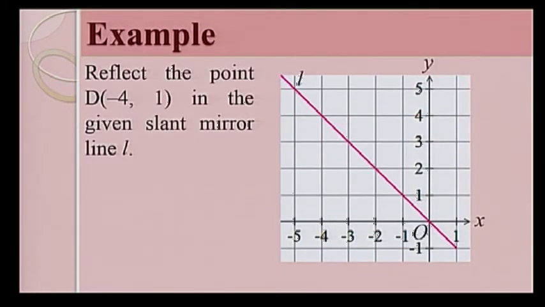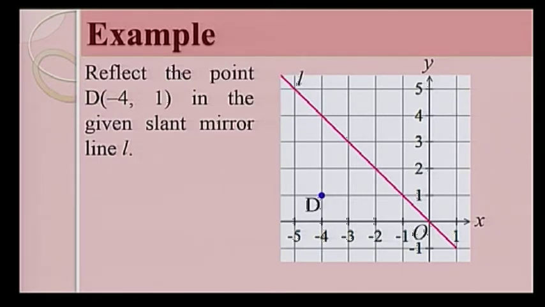Suppose that you want to reflect the point (-4, 1) in the given slant mirror line, right? Start with your axes, label them. You've seen the line, it's already given to you. So what do we need to do? You plot the point (-4, 1), okay? Now you need to reflect this point in the slant line, right?